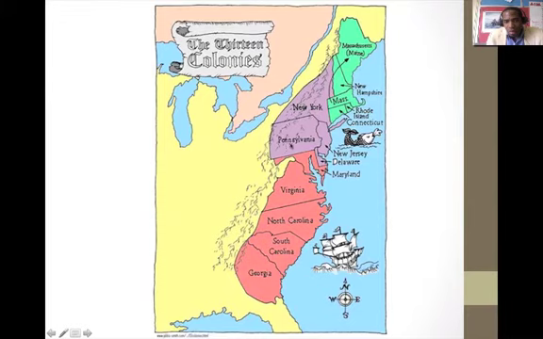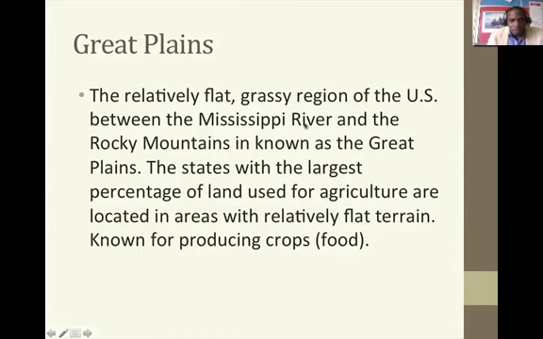Pennsylvania, New Jersey, and New York were more of the northern or the New England colonies, where they had factories where they actually made things, because their soil was so hard they couldn't farm at all. So they used the geography around them in order to survive. So that's how their economy was.